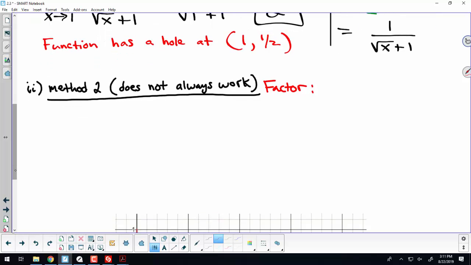Okay, method 2. This method doesn't always work, but we could take the denominator, x minus 1, and factor that. We're not really used to factoring it because, in the sense of polynomials, linear factors are like prime numbers.